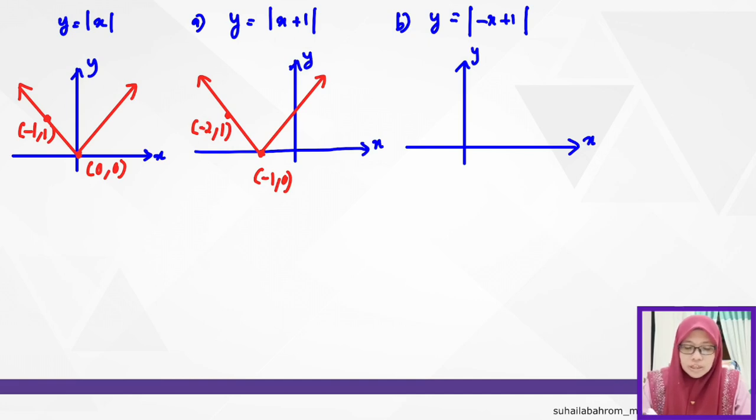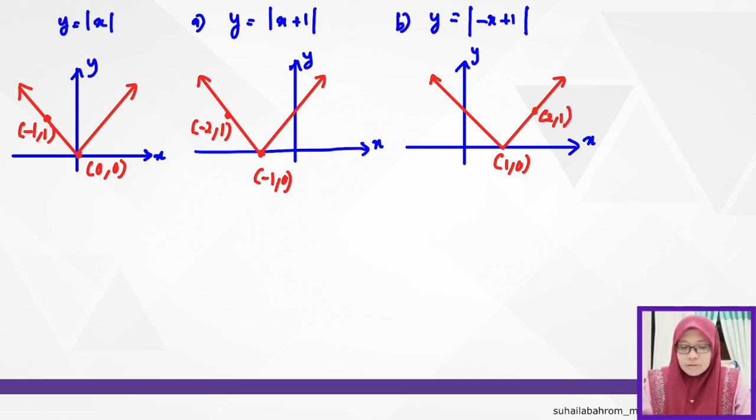The coordinate negative 2, 1 will move to the other side and become positive 2, 1, and the coordinate of negative 1, 0 will become positive 1, 0. So let's sketch our new graph here. The first coordinate is positive 1, 0. Then the next one, positive 2, 1.